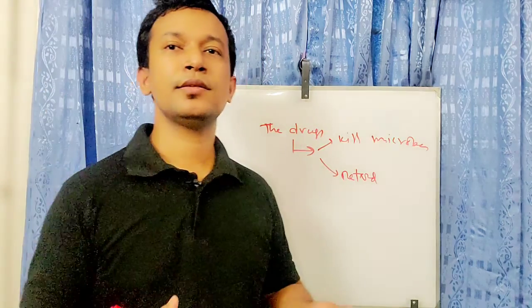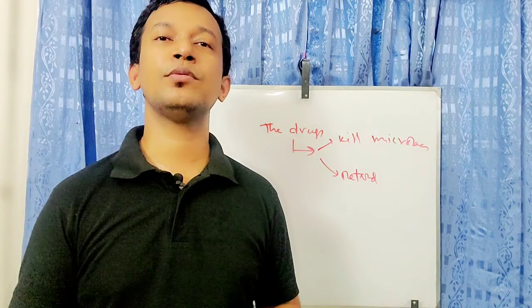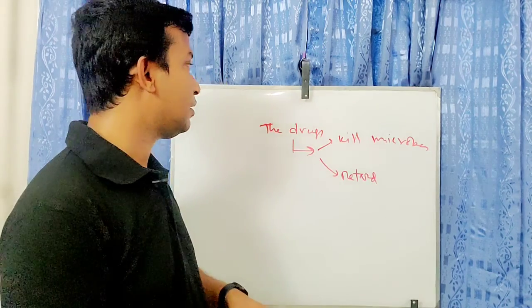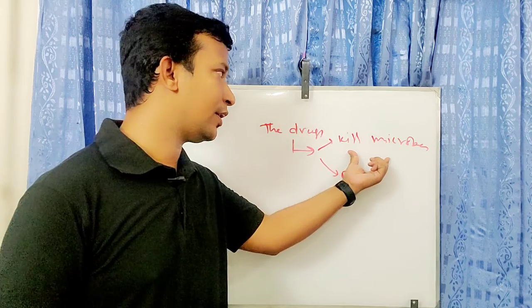These are the agents that kill the microbes or retard the growth of microbes, and these are the substances produced from the microbes. So they are produced from the microbes, and now they work against the microbes.